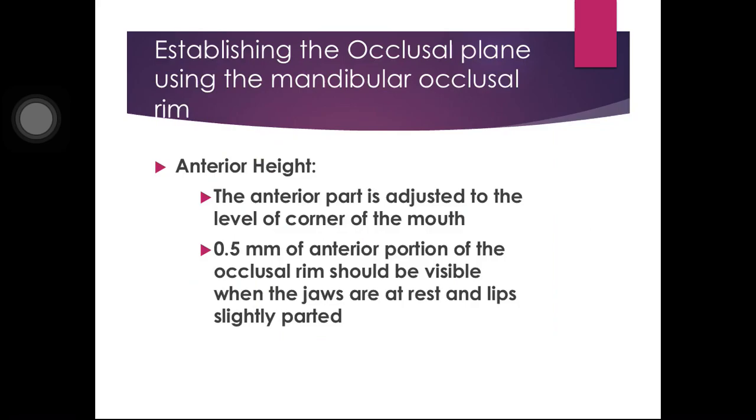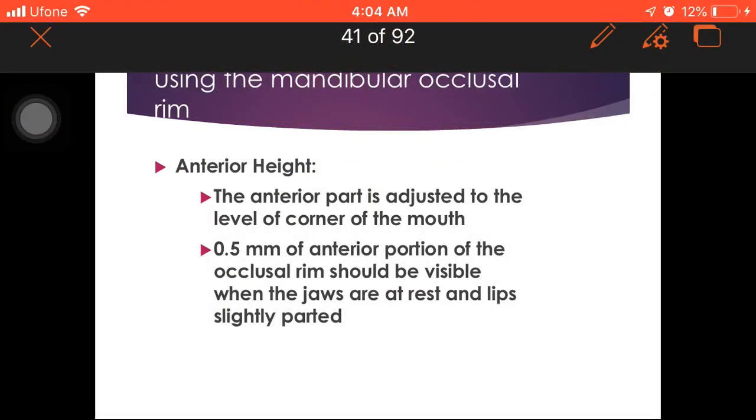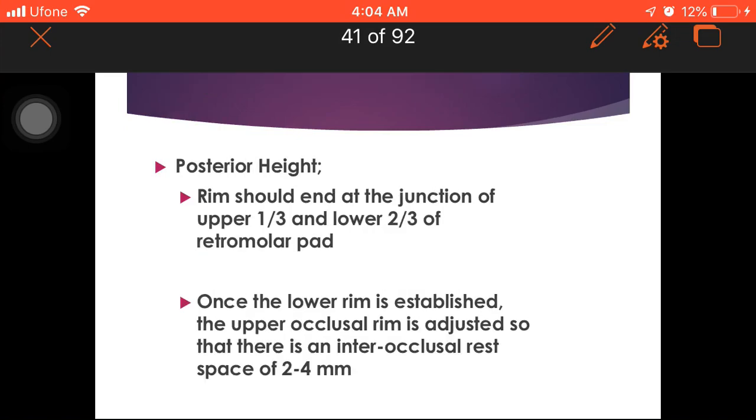Another option to establish the occlusal plane is by establishing the mandibular occlusal plane first. In this procedure, the height of the anterior part is adjusted to the level of the corner of the mouth, and 0.5 millimeter of the anterior portion of the occlusal rim should be visible when the jaws are at rest and lips slightly apart.